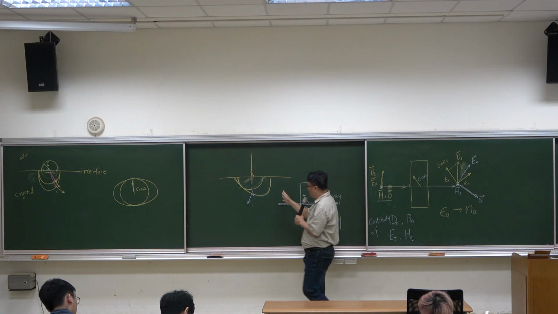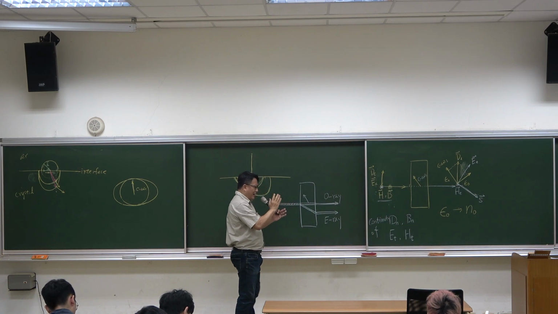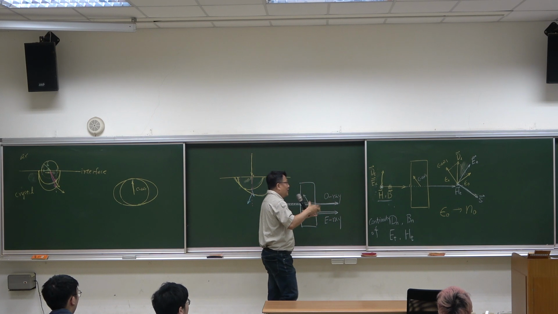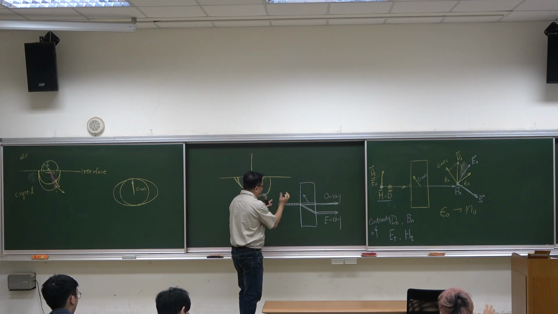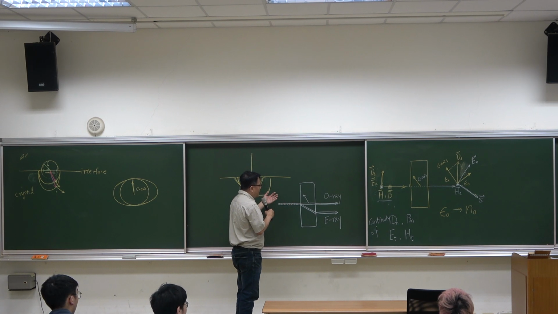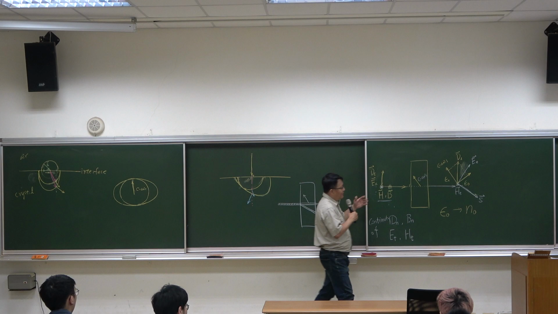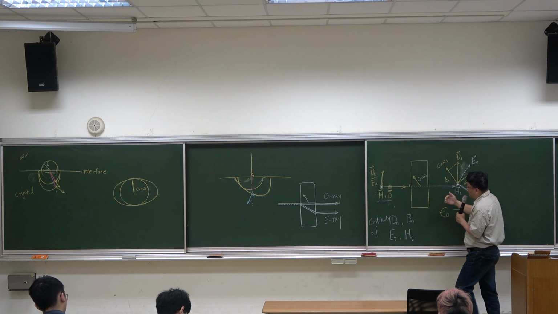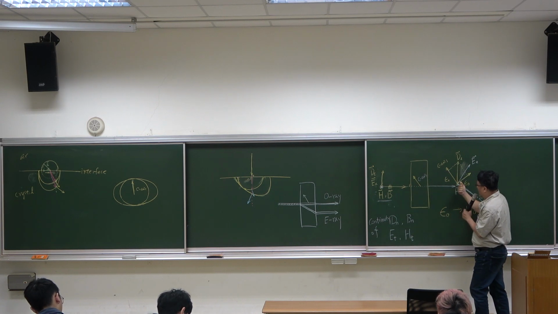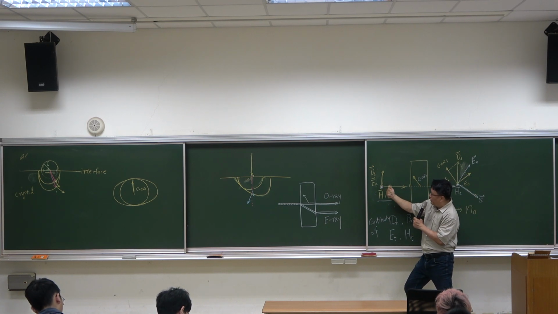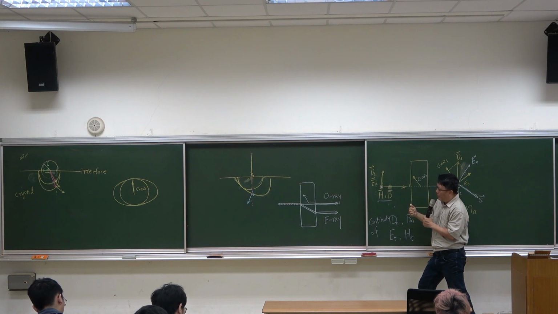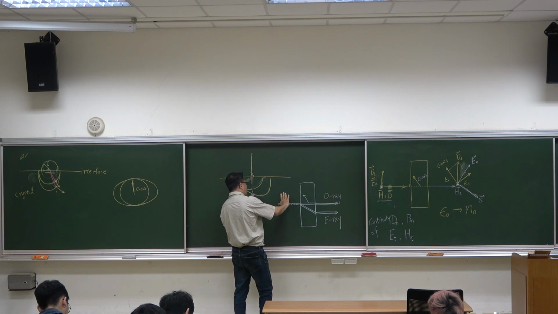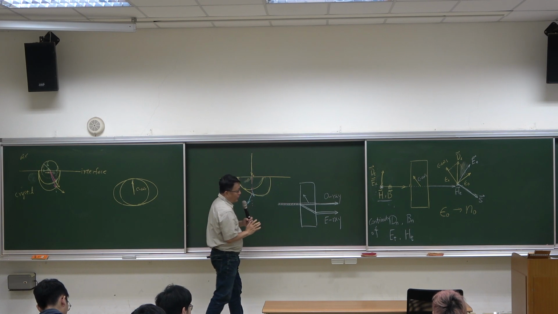Unpolarized light means that some photons have their polarization along the direction perpendicular to the black hole, and some photons have their polarizations lying on this black hole.